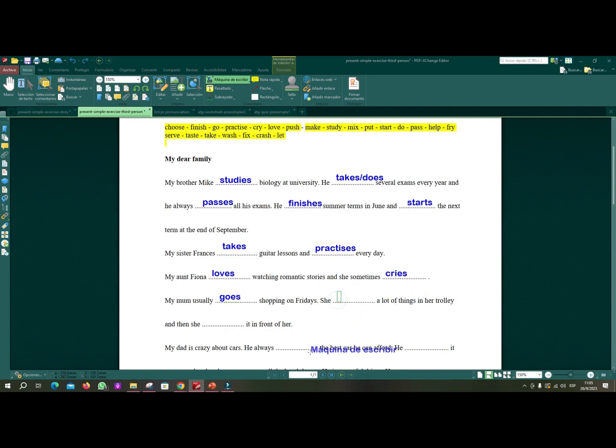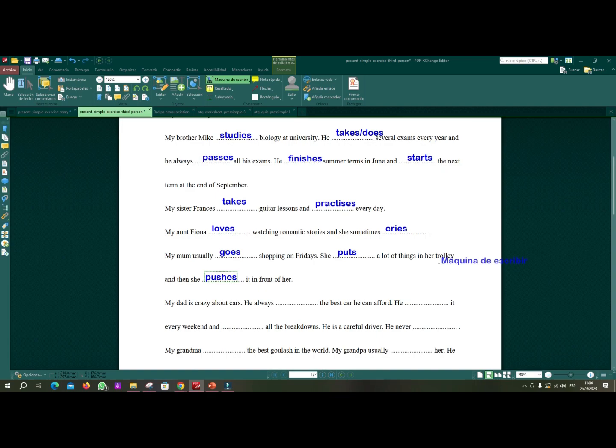She, in this case, puts a lot of things in her stroller, and then she pushes in front of her. There you have push, right? Yes, pushes in front of her.